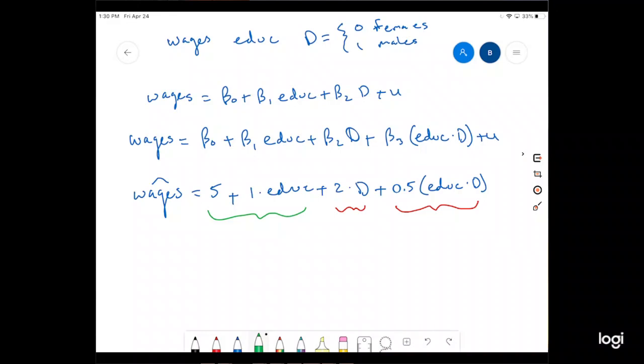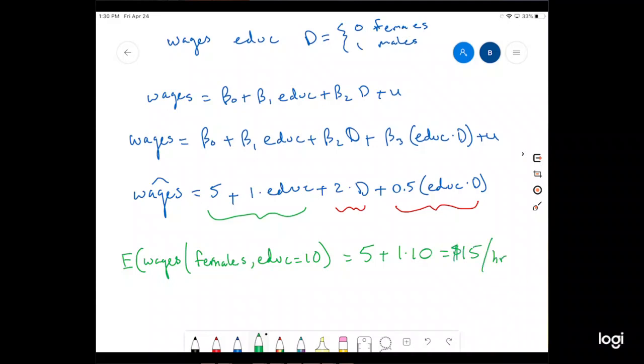So we can write expected wages conditional on females and education equals 10 years. That's going to be equal to 5 plus 1 times 10 equals 15. Wages are going to be $15 per hour, if that's our units of wages.